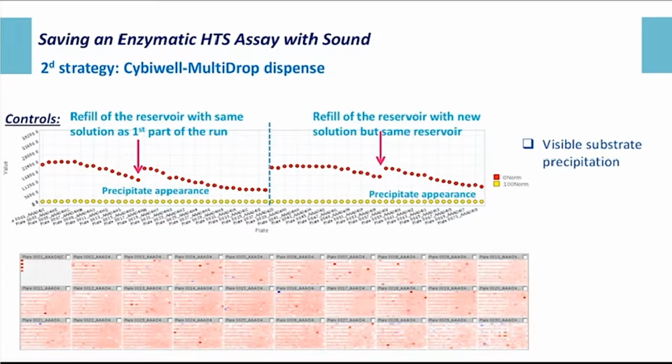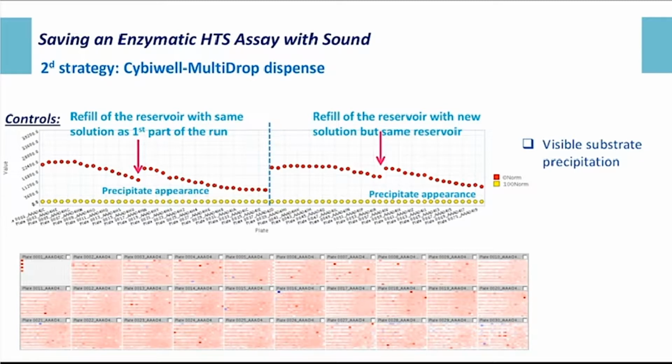Now, if we look at the control monitoring results, it's definitely horrible. We observe a strong disruption in the level of the basal signal all along the run, and we were able to link those variations to the precipitation of the substrate in the reservoir of the CyBio well. The precipitation was increased by the refill of the reservoir, as the reservoir was not big enough to hold the volume for a full run.